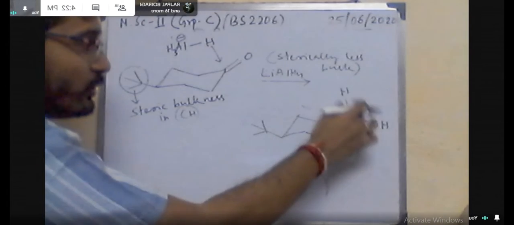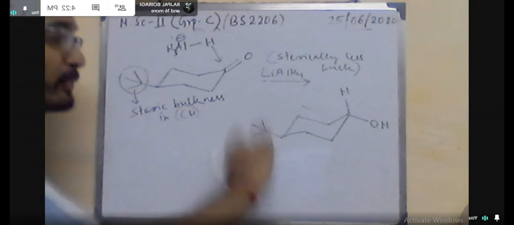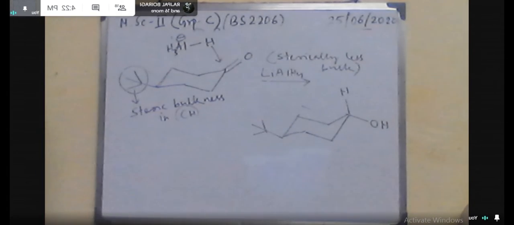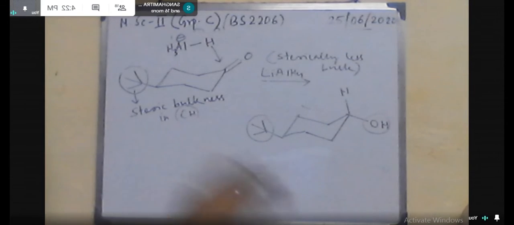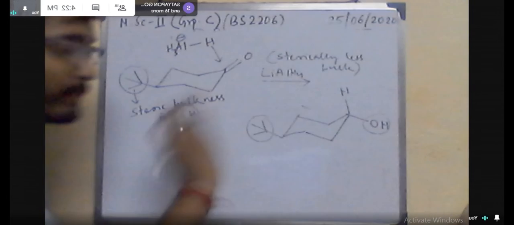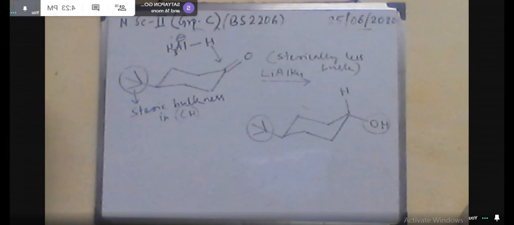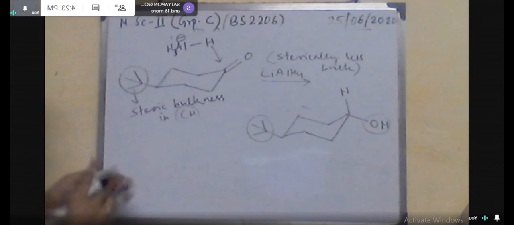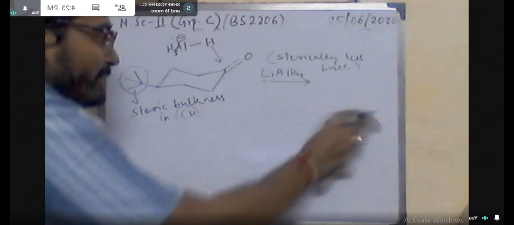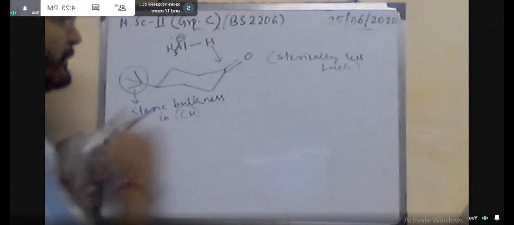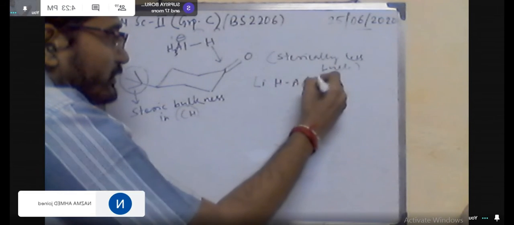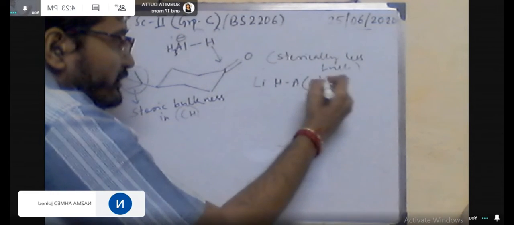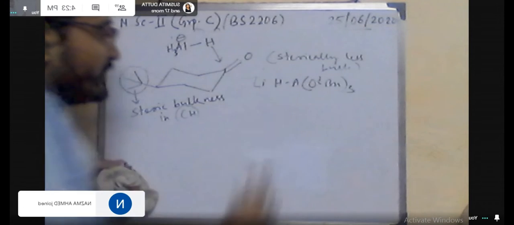So hydride transfer is not feasible, though the size of the hydride is small, but still due to the huge bulk of this reducing agent, it cannot reside at the beta face due to this steric hindrance. So it is bound to transfer the hydride from the alpha face, that means the down position.